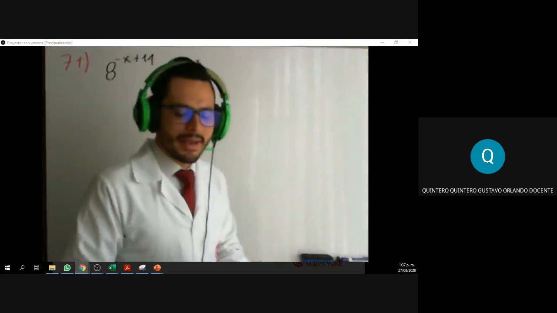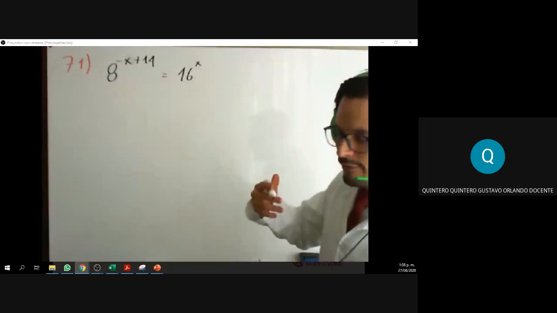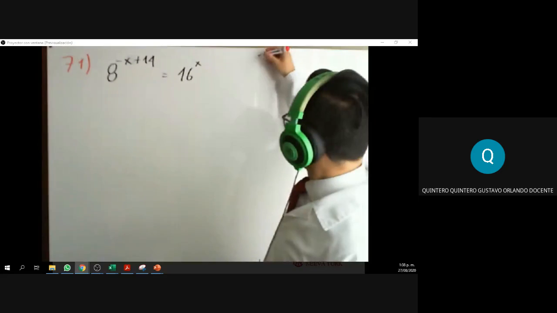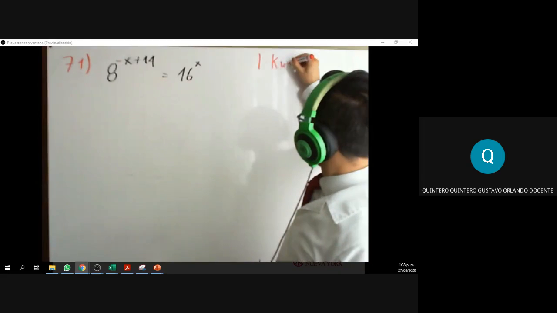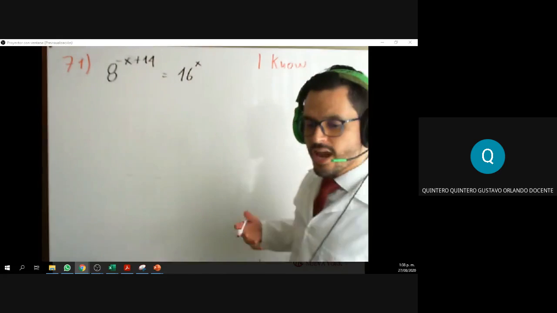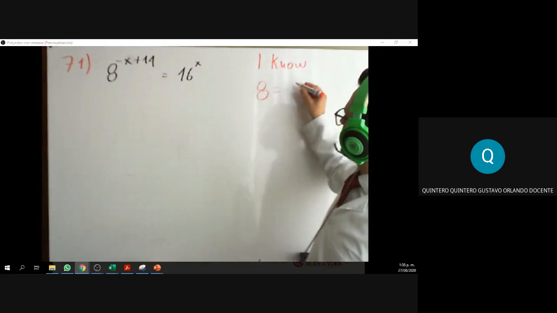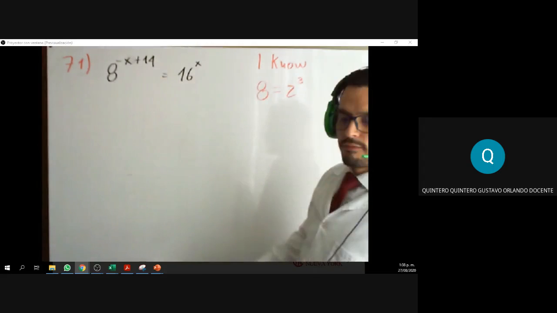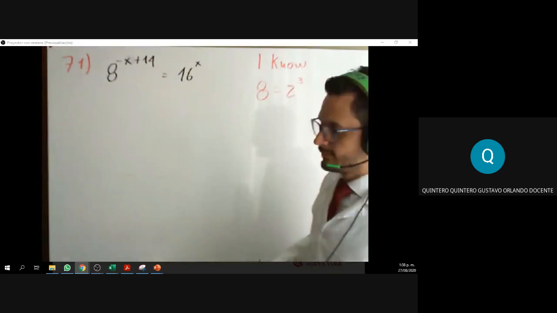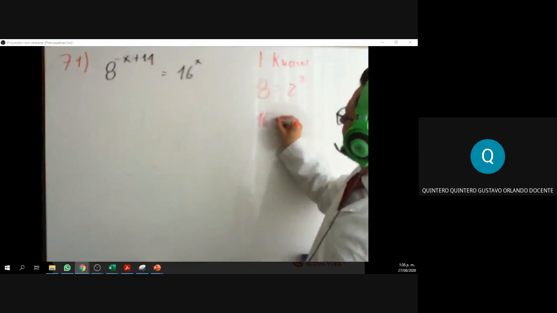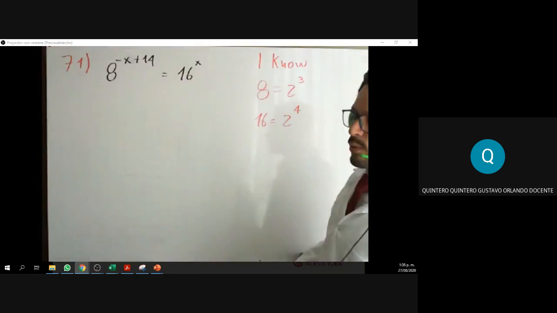We're going to take advantage of what we know. We know a couple of things about these two values, 8 and 16, right? I'm going to write it here. What I know. All right, so I know that 8 is the same as 2 elevated to the third power, right? 2 to the 3. And we're going to use that to change the value 8. I also know that 16 is the same as 2 to the fourth power.